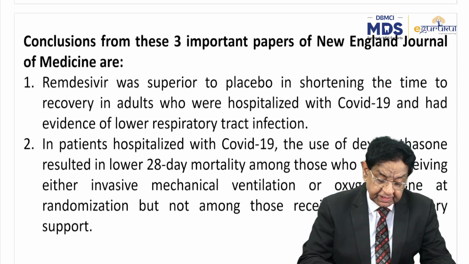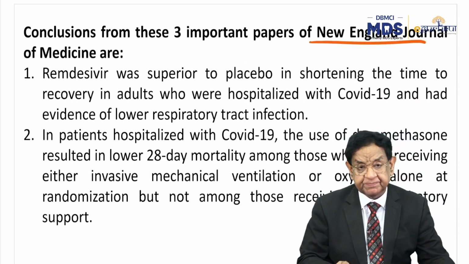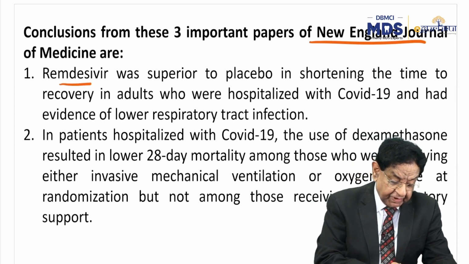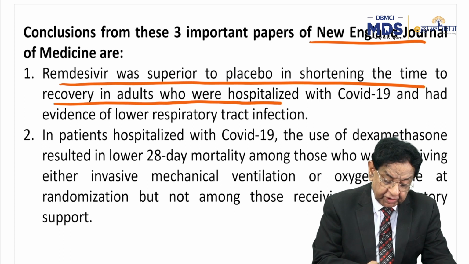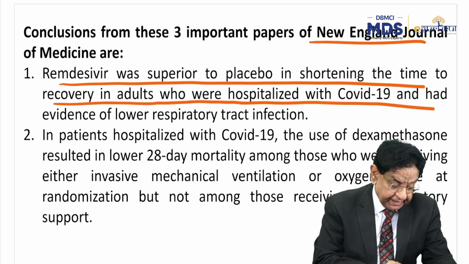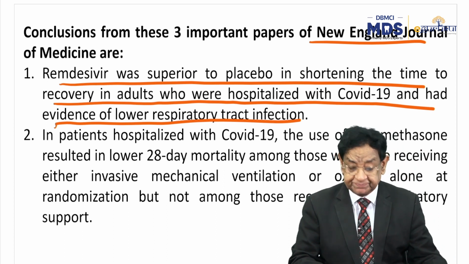Well, there are 3 important papers which came in the New England Journal of Medicine. Remdesivir was superior to placebo in shortening the time to recovery in adults who were hospitalized with COVID-19 and had evidence of lower respiratory infection. It's a very important line.